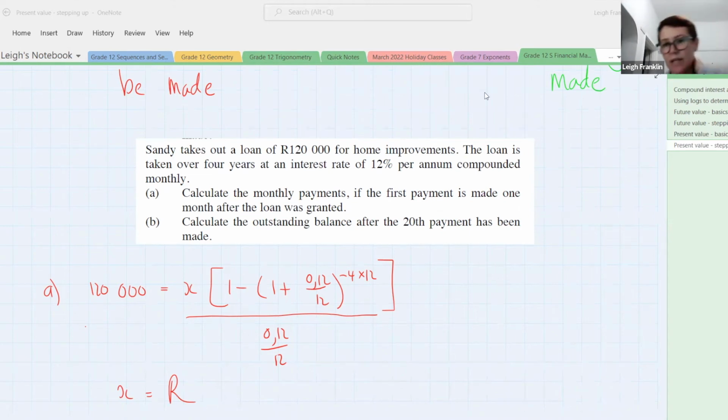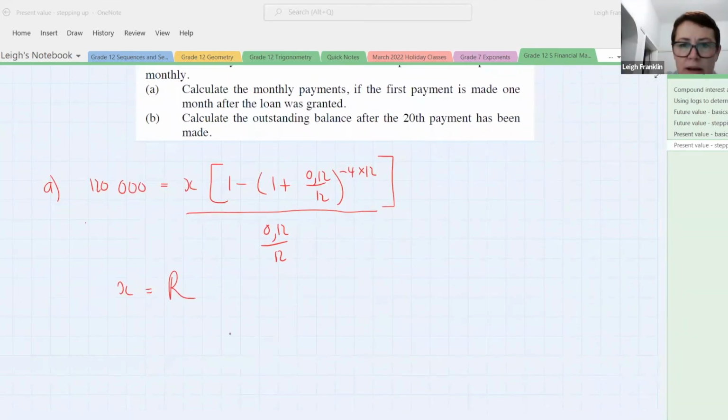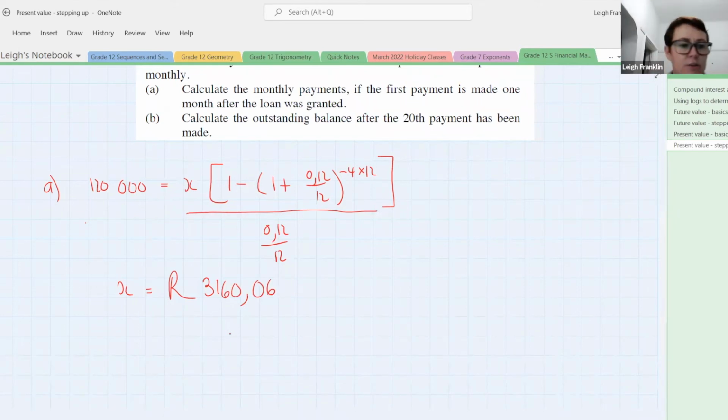Yeah, 100%. Good, well done, Matrix. Nice. Okay, so this should be quite simple for us by now. We've practiced quite a lot of these. So 3160.06. Nice. Okay, lovely. So now let's go and do part B.